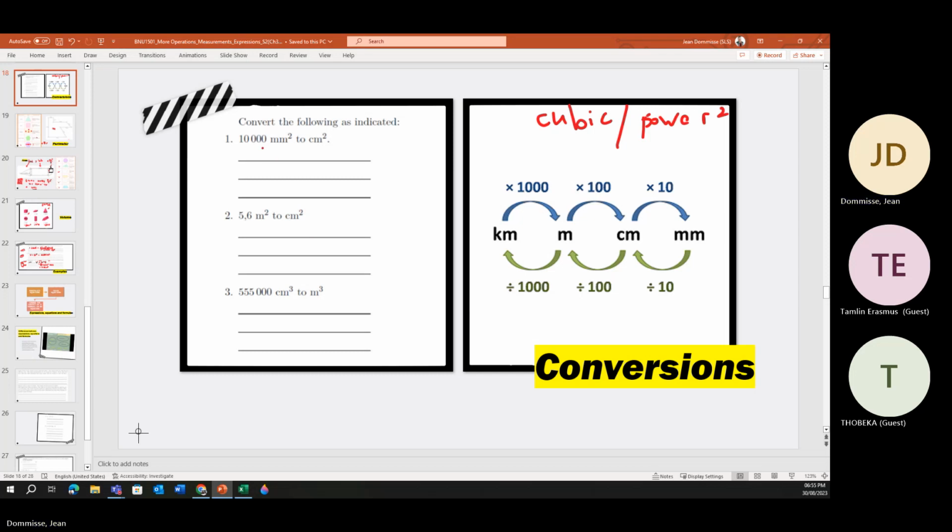Okay, so when we look at this, the 10,000, what I would have done is to say, okay, 10,000 millimeters to the power of 2, so that is actually 100 times 100, if I look at it from just a millimeters point of view. So 100 millimeters is 10 centimeters.